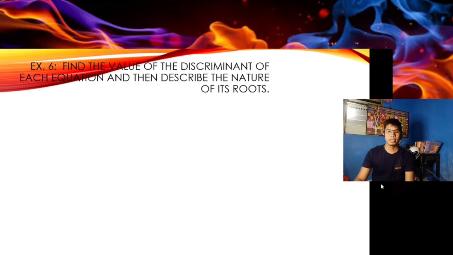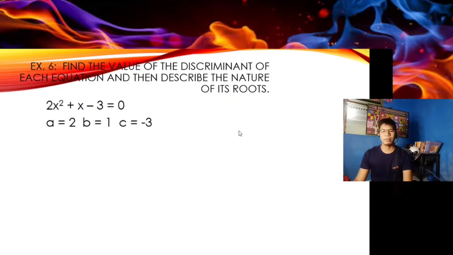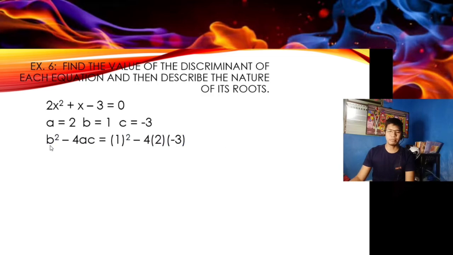Okay, let's proceed. So again, we get the values of a, b, and c: positive 2, positive 1, and negative 3 respectively. Substitute into the discriminant b squared minus 4ac. So we have 1 squared for b minus 4, 2 for a, times negative 3 for c. By simplification, we have 1 squared is 1. Negative 4 times 2 times negative 3 is positive 24. So 1 plus 24 is 25.